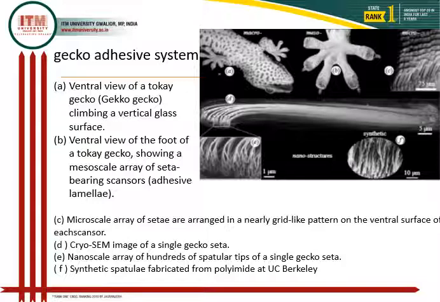The ventral view of the foot of a gecko showing seta-bearing scansors, adhesive lamellae. This is also called adhesive lamellae. That is very important to note here. See this B figure. In the B figure, you have a mesoscale array of seta-bearing scansors, also called adhesive lamellae.